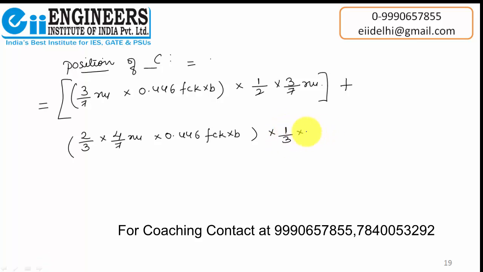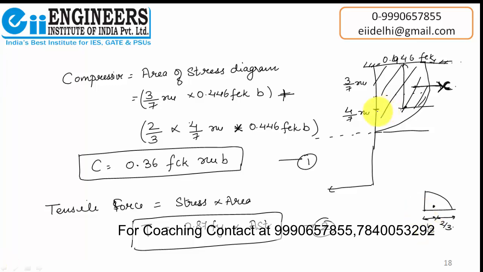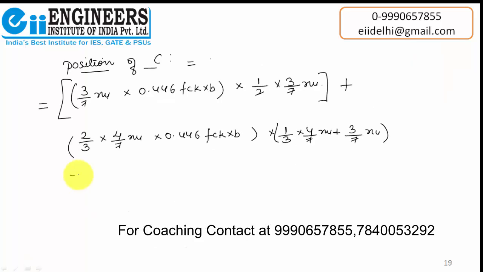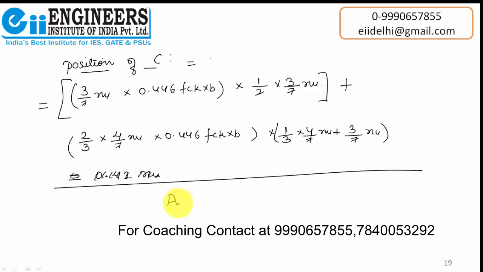1/3 into 4/7 times XU plus 3/7 times XU. This is the distance. What I have added is 1/3 times of this value, that means this plus this. This makes the total perpendicular distance of this force from this datum. So, when we solve this value, it becomes, sorry, we have to divide this whole value by the total area.